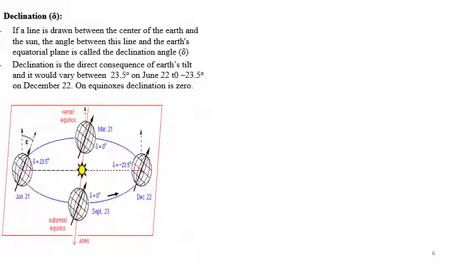The declination in degrees for a given day may be calculated from the equation I mentioned earlier: del is equal to 23.45 sine of 360 divided by 365 into 284 plus n, where n is the day of the year.